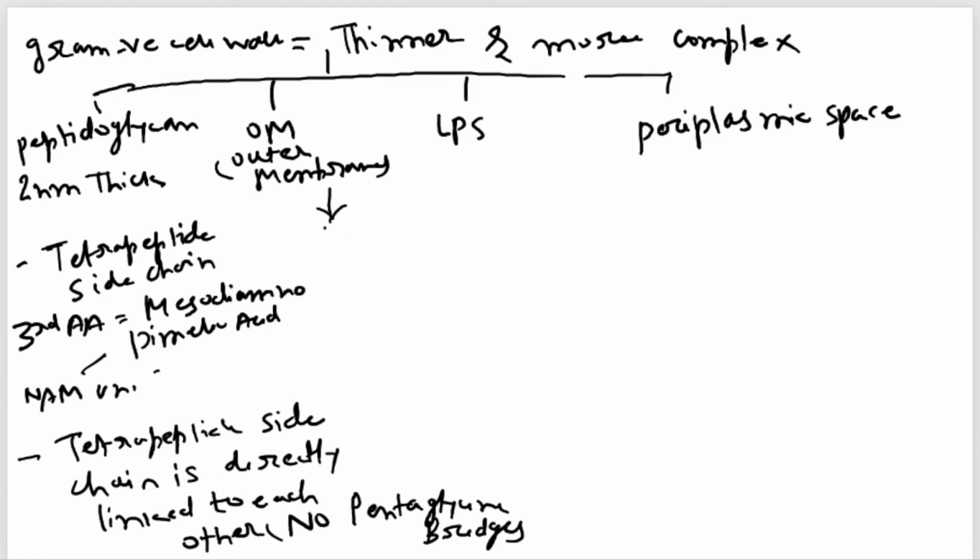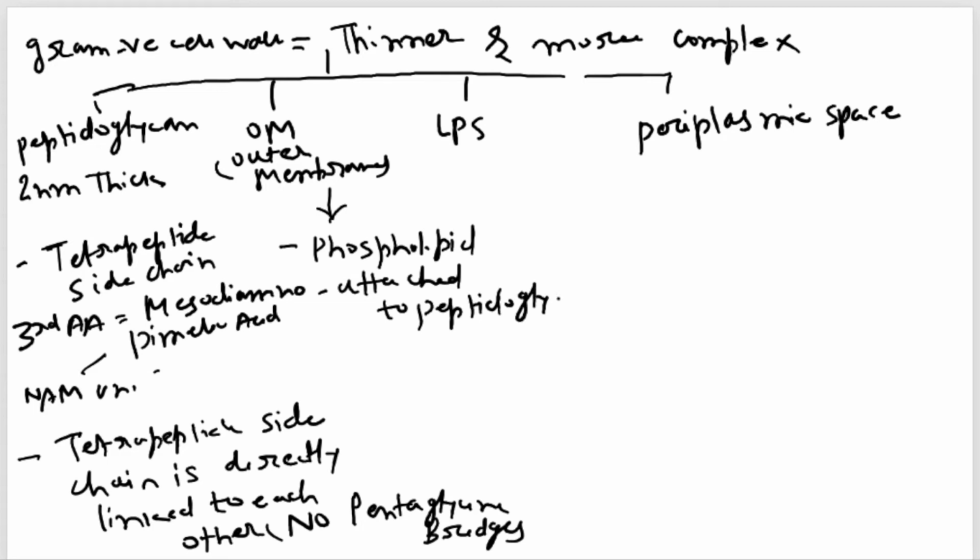Next is the outer membrane. What is this outer membrane? The outer membrane is a phospholipid layer. It is attached to peptidoglycan. But we did not see anything like that in the case of the gram positive cell wall.